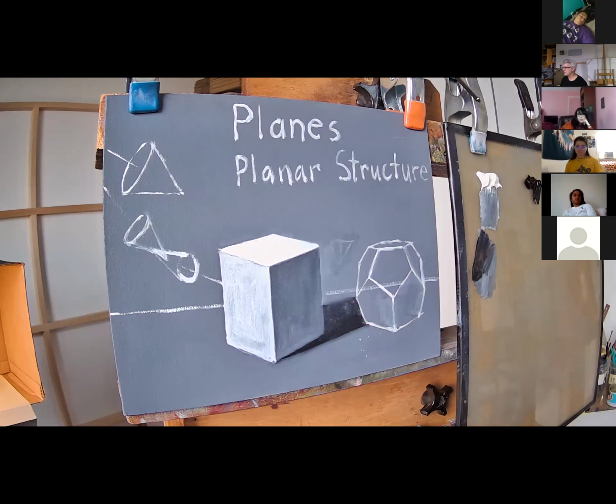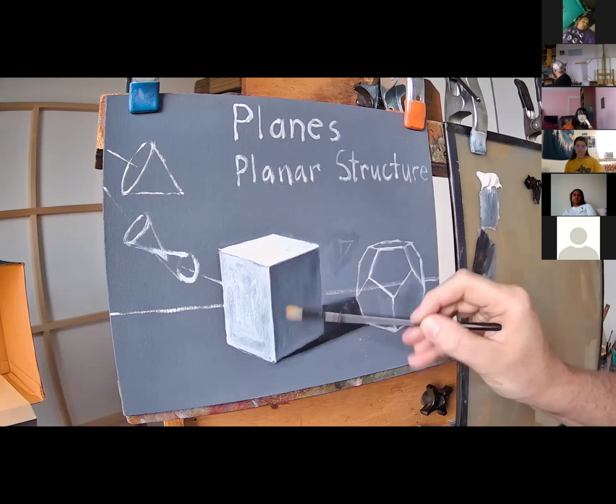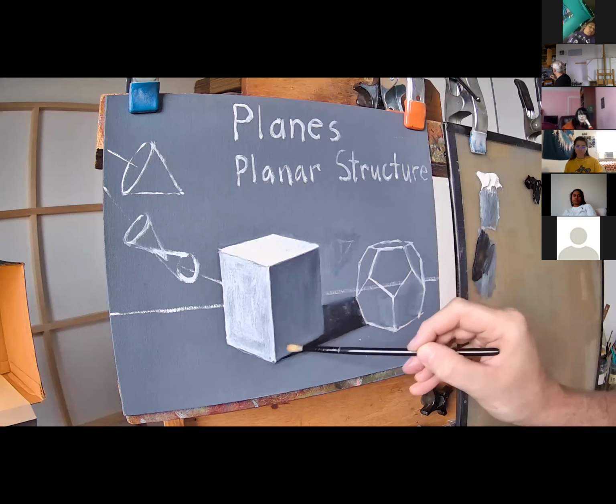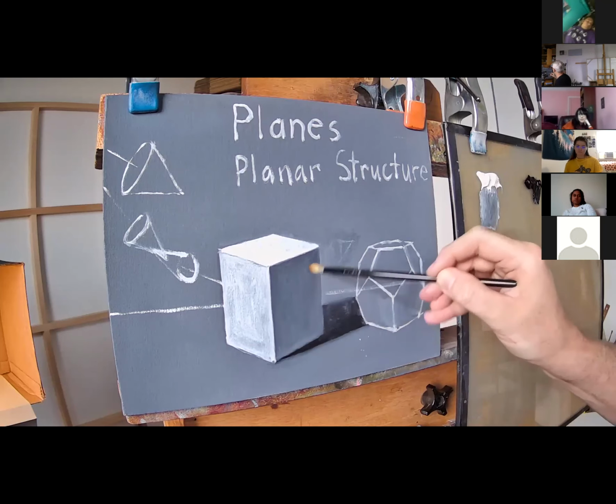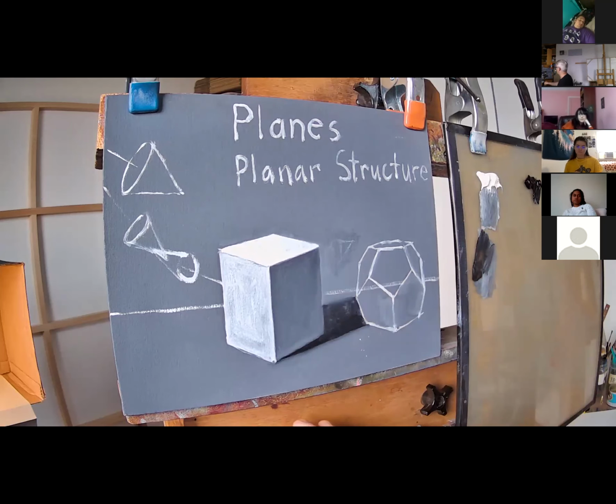We can start to develop a pretty good sense of the way we can represent three-dimensional objects on a flat surface. Okay. So now that's a very simple geometry. So what happens to a more complex geometry? Well, something very similar. We just get a different arrangement of the values.